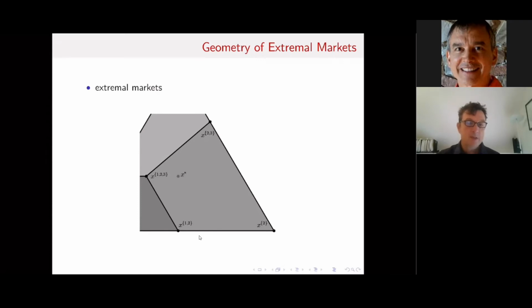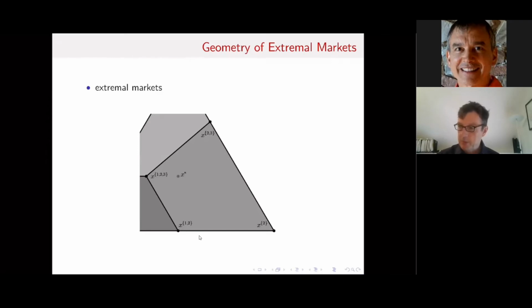It could mean that it's just a market in which only 1 and 2 are present. That's the lower left vertex, x_{1,2}. Or the top vertex, x_{2,3}, is the market where only 2 and 3 are present. Or finally, it's a market x_{1,2,3}, where the seller is indifferent between charging any one of the 3 valuations.